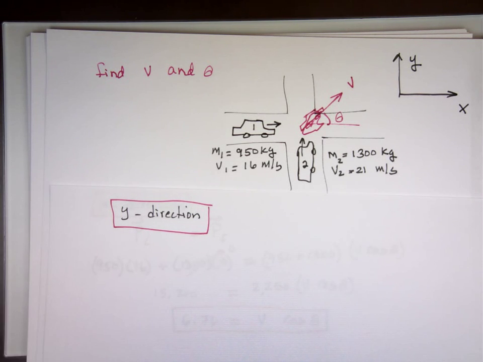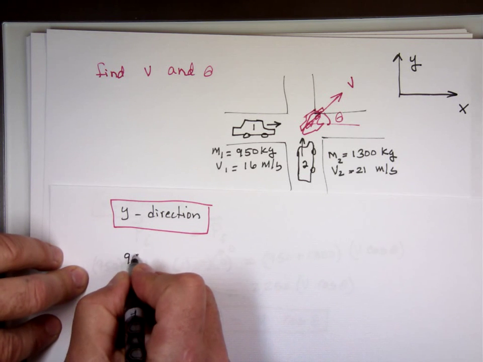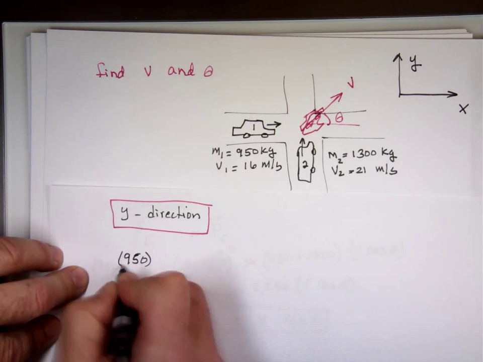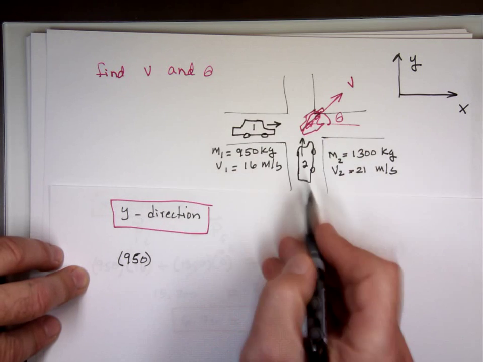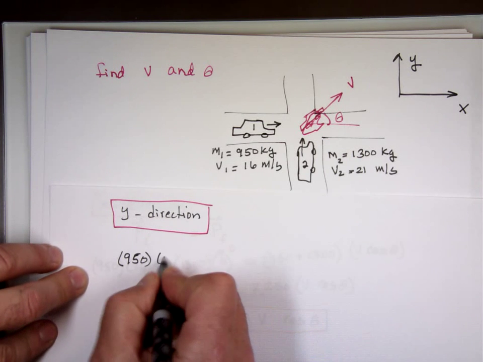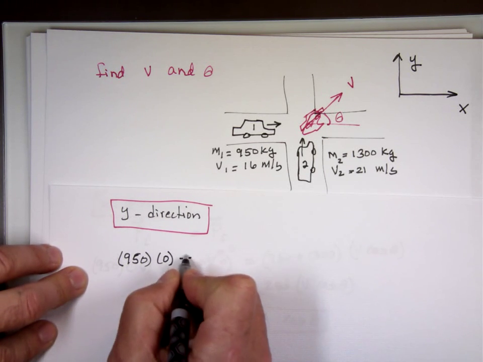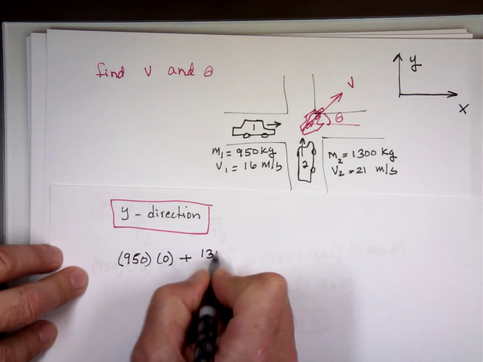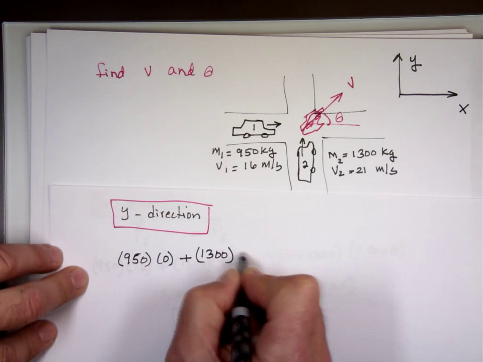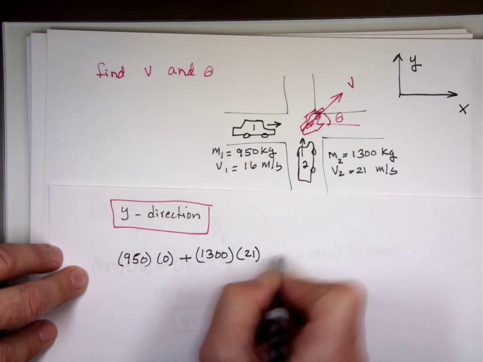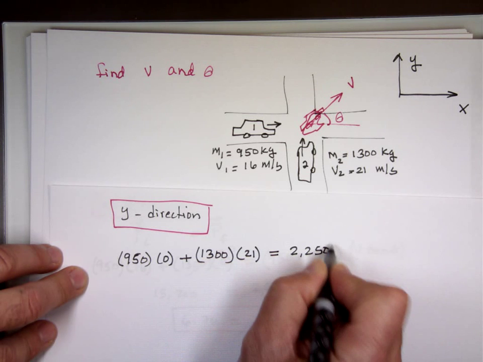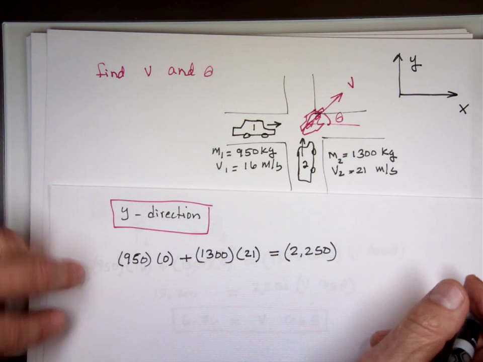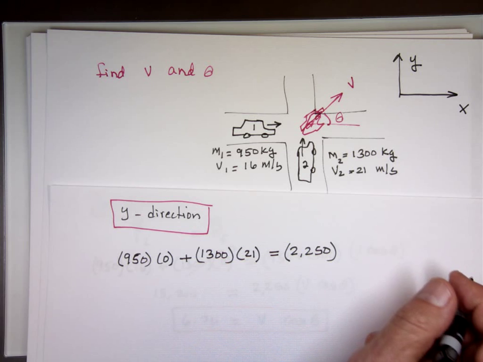What was the velocity in the y direction of this car? How fast was this car going up and down? 0. Plus the minivan, which is the mass 1300 times the velocity in that direction, which is what? 21, equals the combined mass. And what was the velocity in the y direction? V sine of theta.